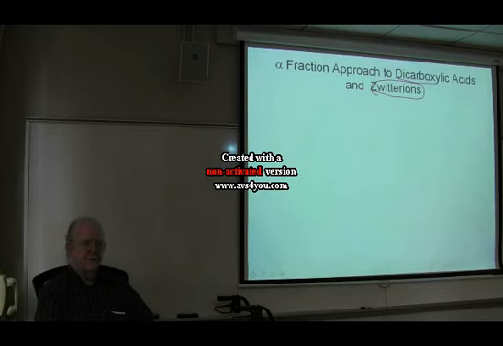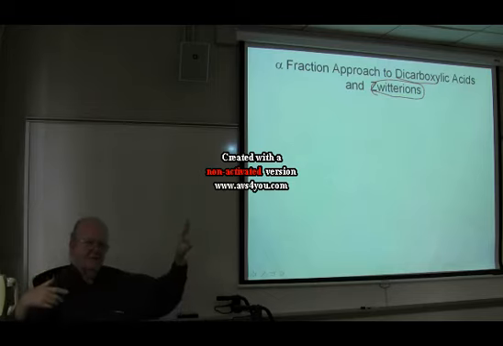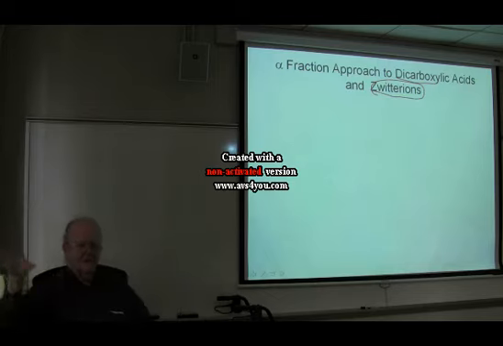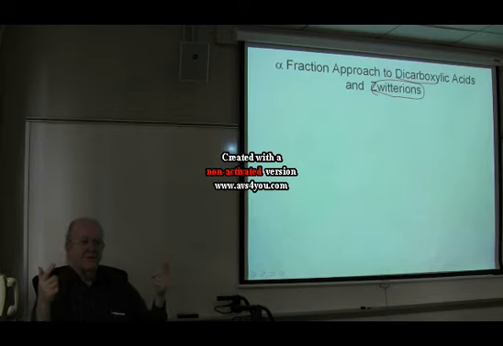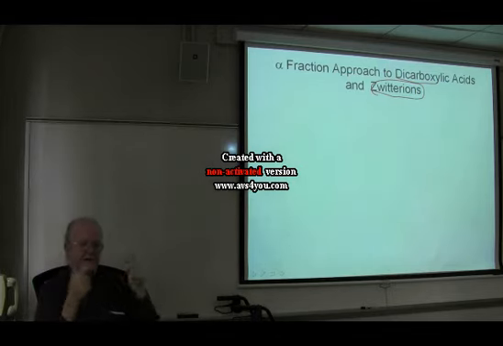Anybody remember what a Zwitterion is? It has a positive and negative charge. Exactly. It has an acid and it has a base, and you can have it either be protonated or unprotonated or both. And the Zwitterion is the species in the middle.